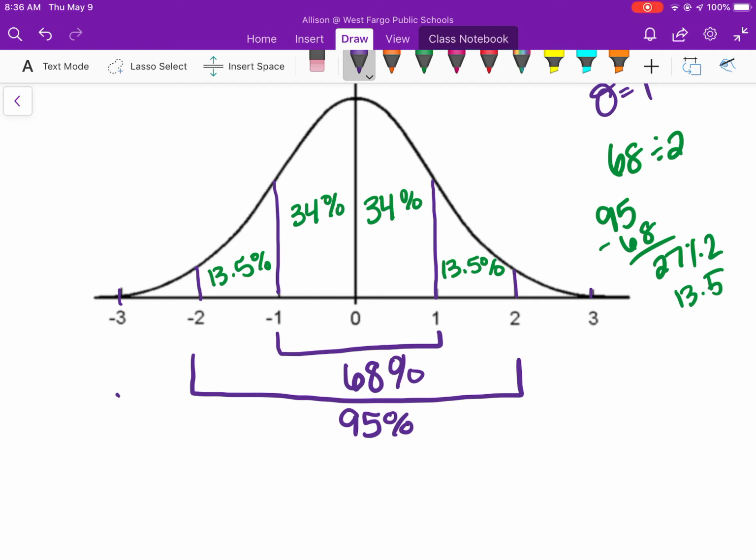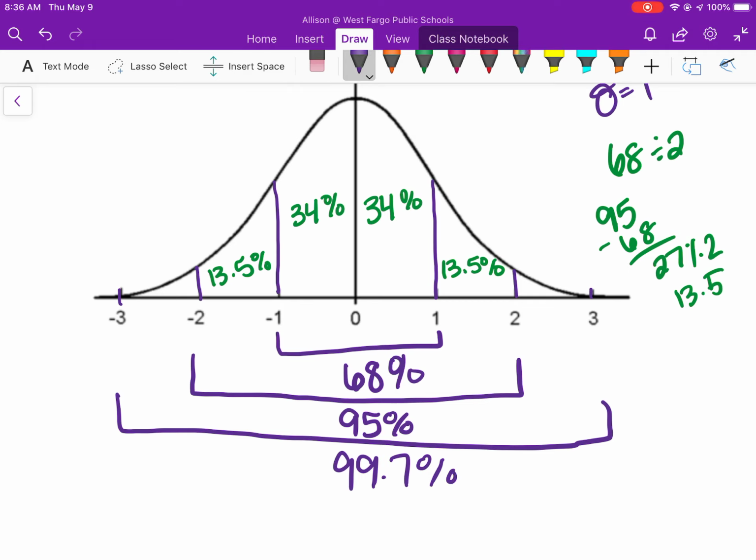And then 99.7% lies within three standard deviations. So I get those areas under the curve by taking the 99.7 and subtracting off the 95 I've already used, which leaves me with 4.7. 99.7 minus 95 is 4.7.